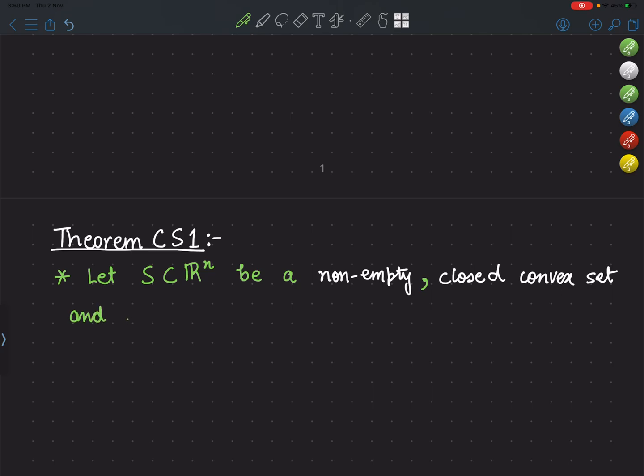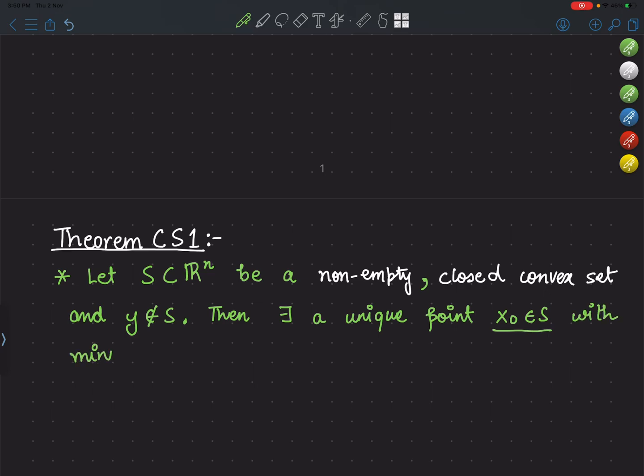And let there be a point y which does not belong to this set. Then there exists a unique point x0 in S with minimum distance from y.